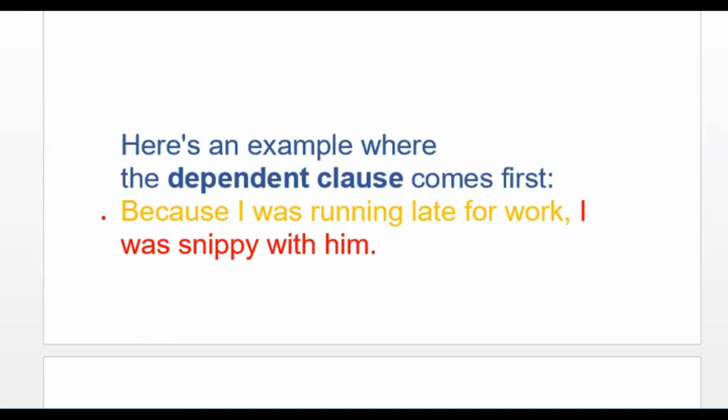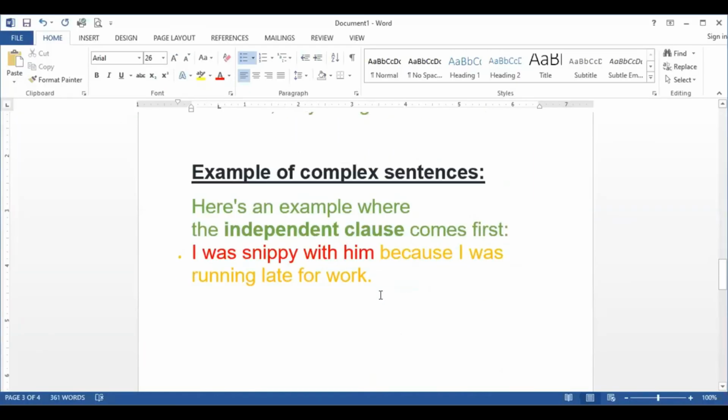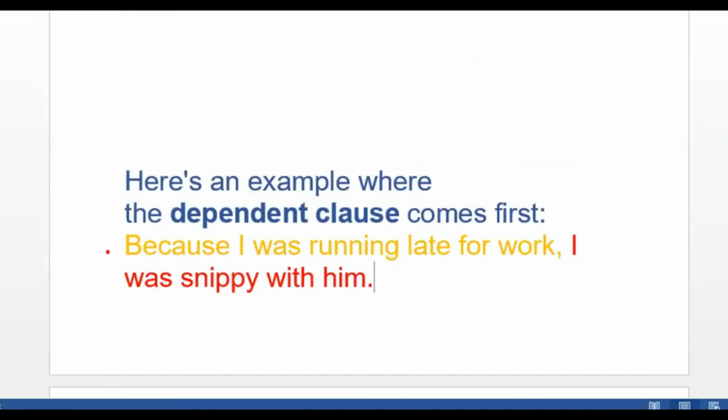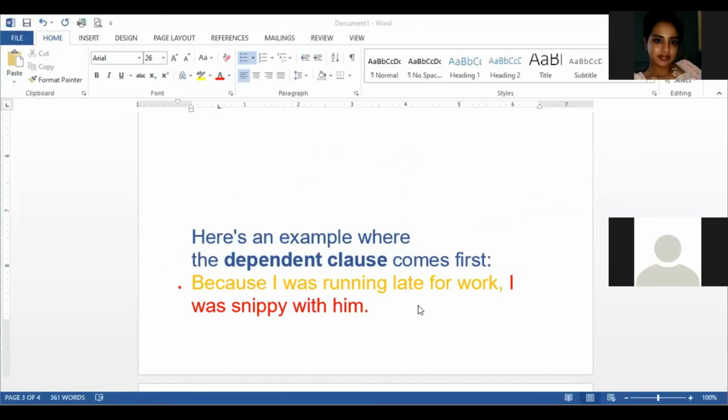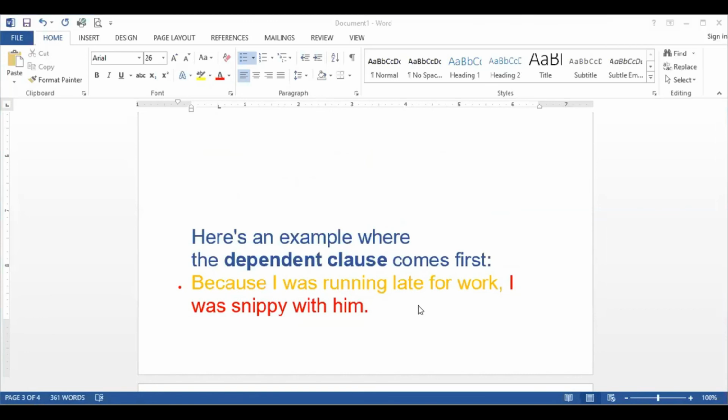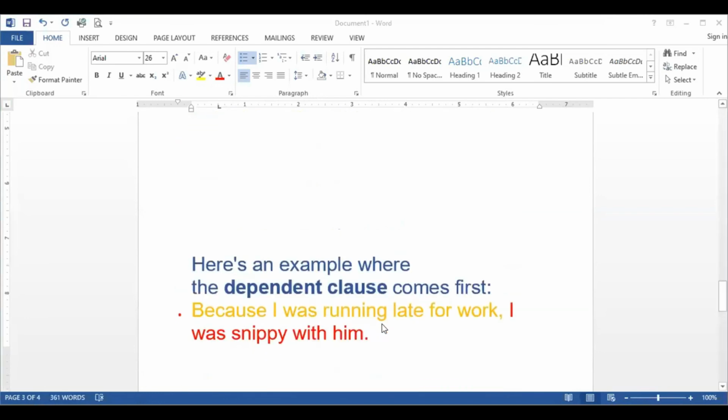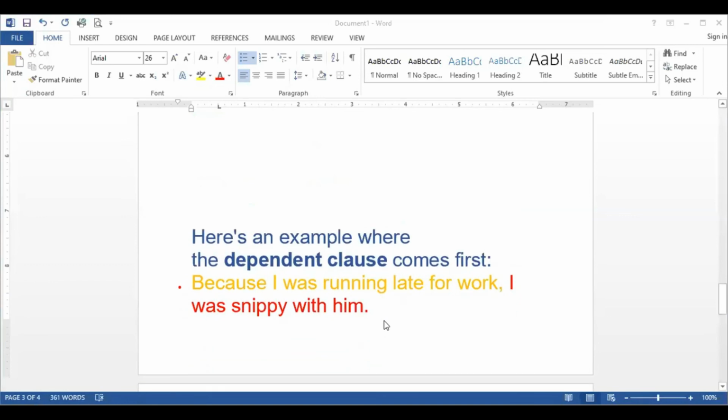So you can have the independent clause coming first, as in the first example. Here we have an example where the dependent clause comes first. Because I was running late for work, I was snippy with him. This is self-explanatory. It's the same complex sentence. The only difference is that the order of the clauses has changed.